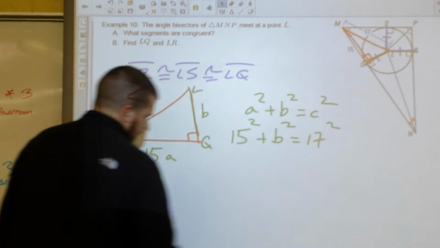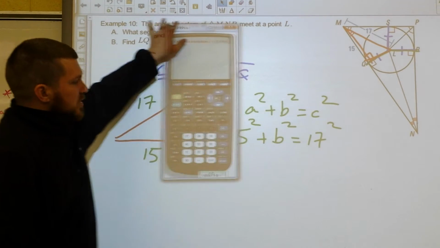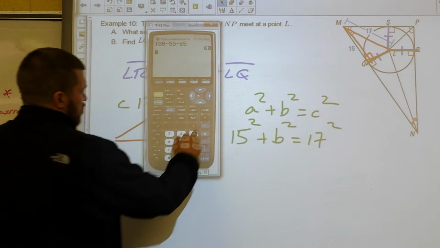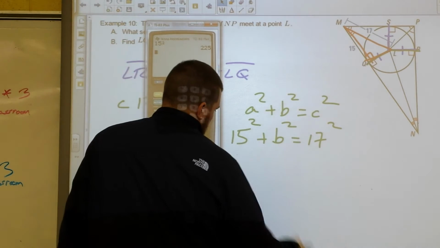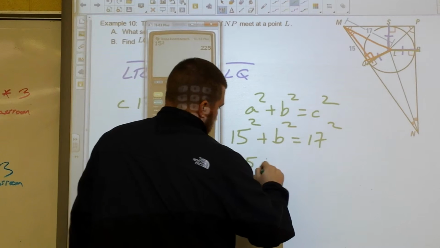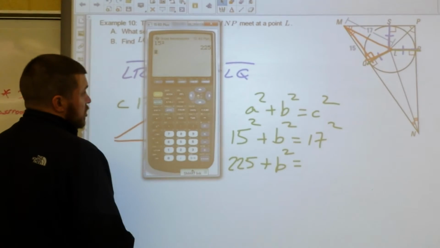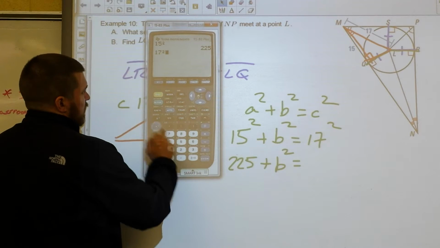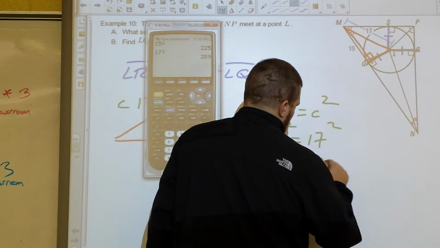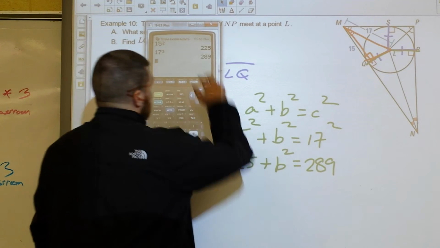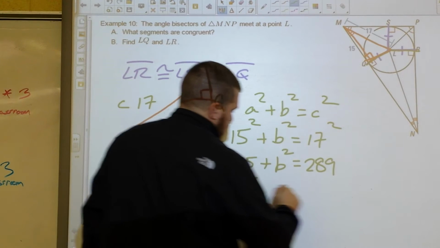These numbers are pretty big, so I'm just going to use my calculator. I think 15 squared is 225, but I want to double check. Good. 225 plus B squared equals 17 squared. I think that's 289. Yes. Now I want to solve for B squared, so I'm going to subtract 225 on both sides.